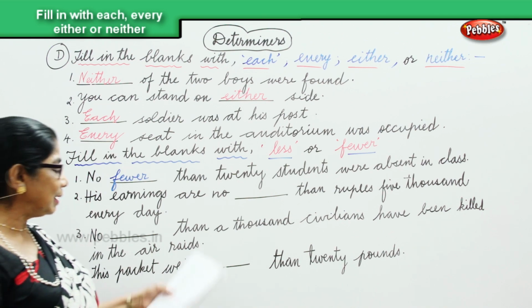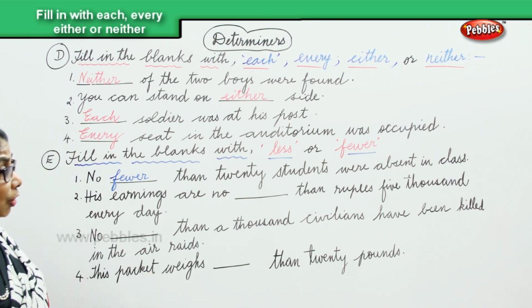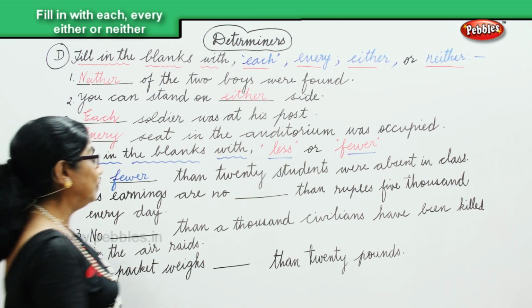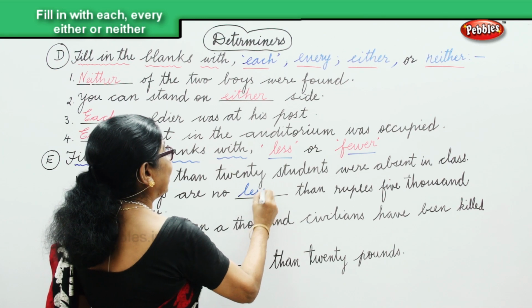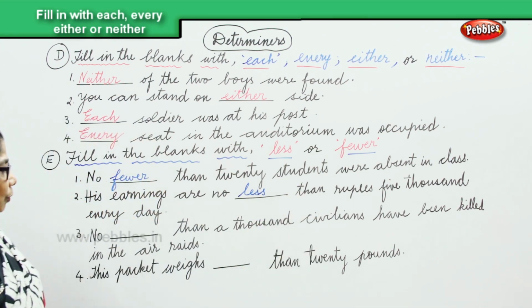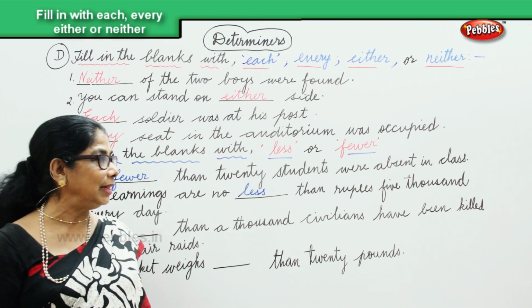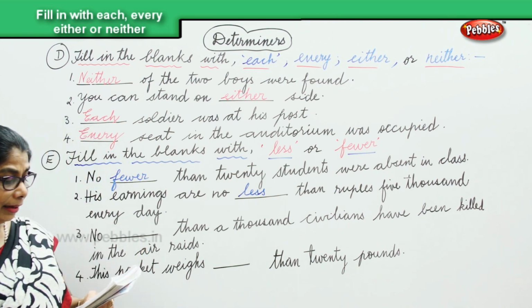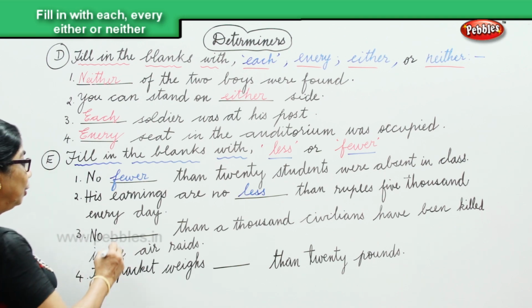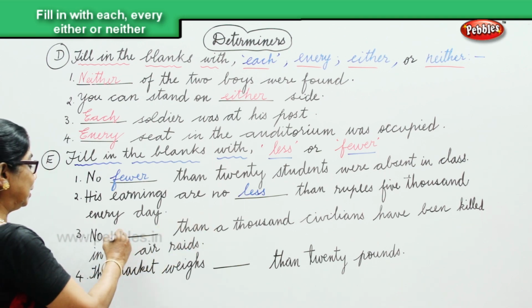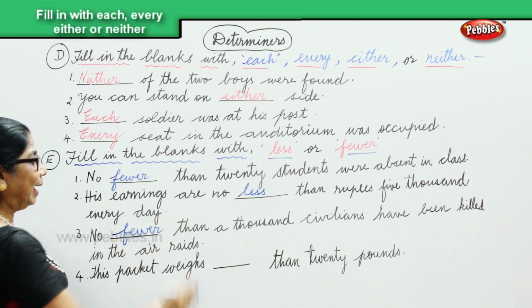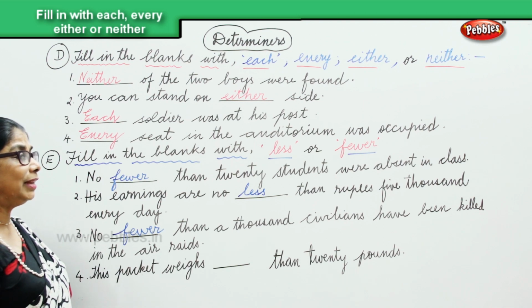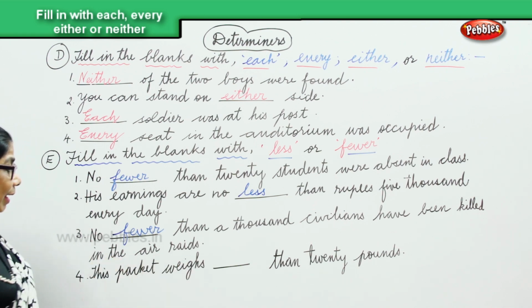His earnings are no less than rupees 5,000 every day. And the third one, no fewer than 1,000 civilians have been killed in the air raids.